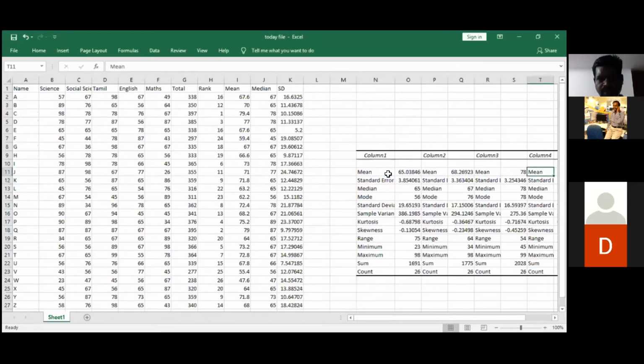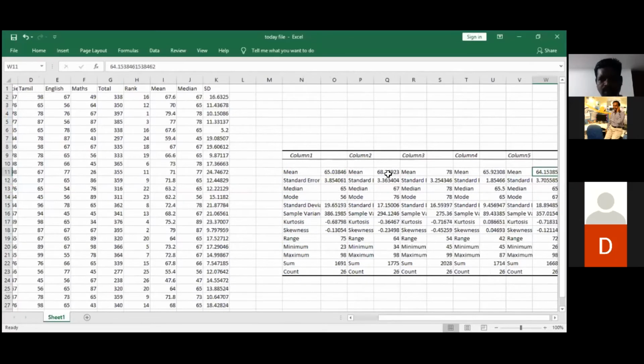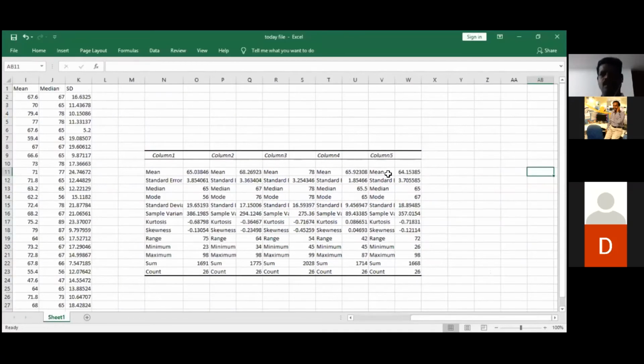Among the five subjects, the highest mean value is in the third column, 78, which is Tamil. So you have to write the interpretation: the students like to learn Tamil more than the other subjects.